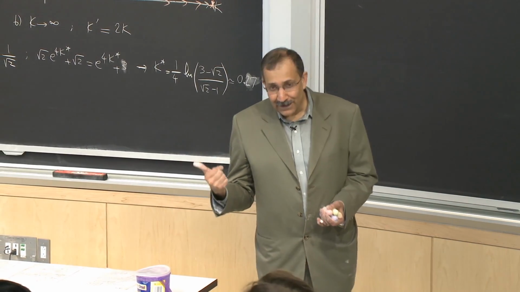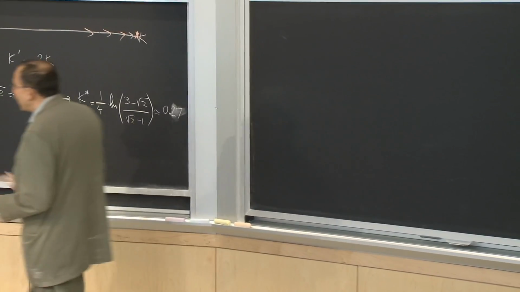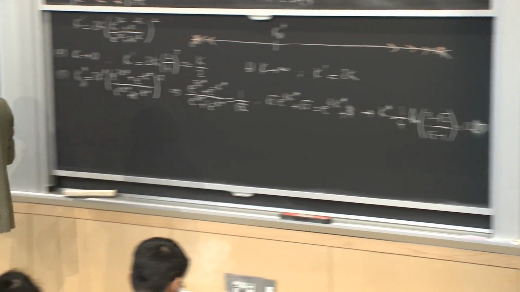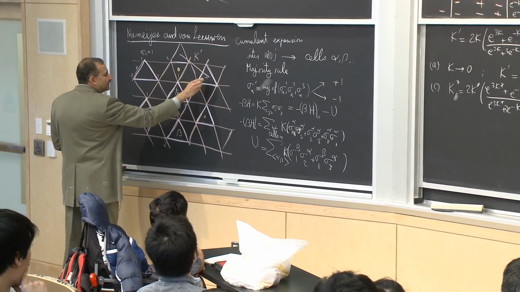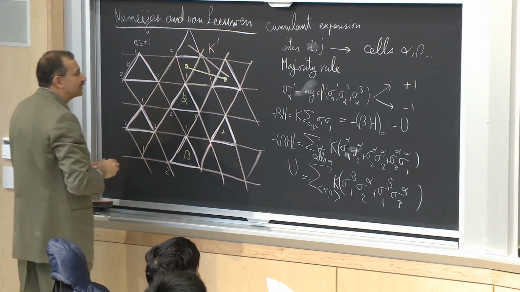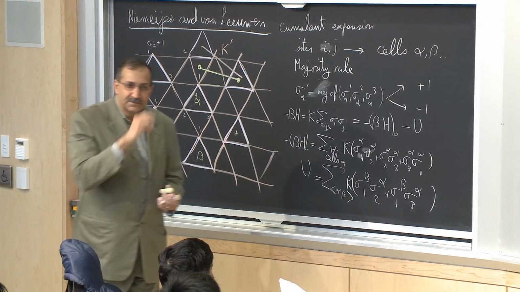Okay. And you can do also the algebra analogous to this to convince yourself that the distance, let's say, from the center of this triangle to the center of that triangle is exactly root 3. Okay.